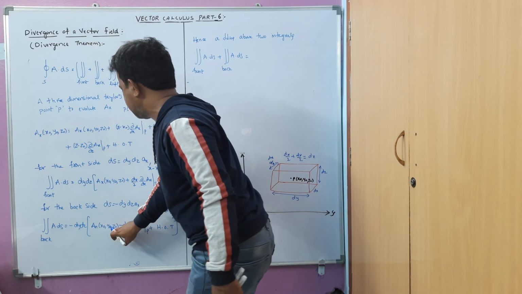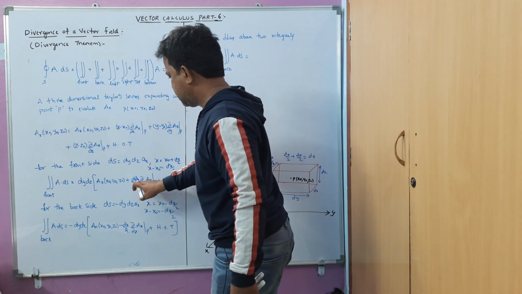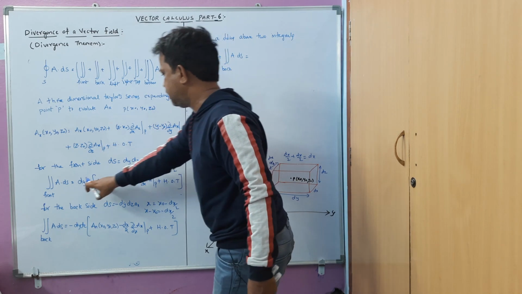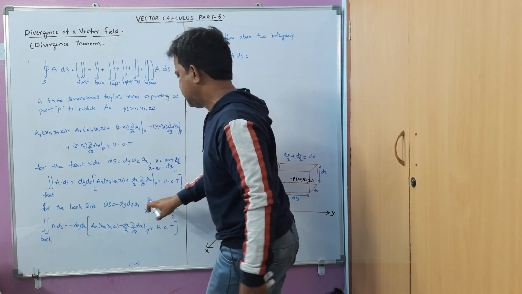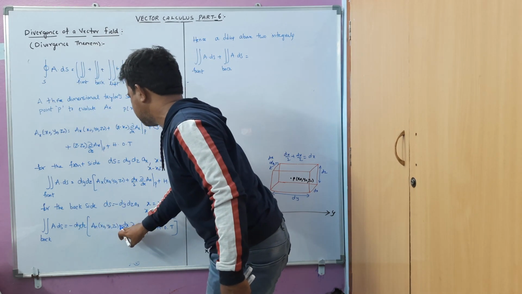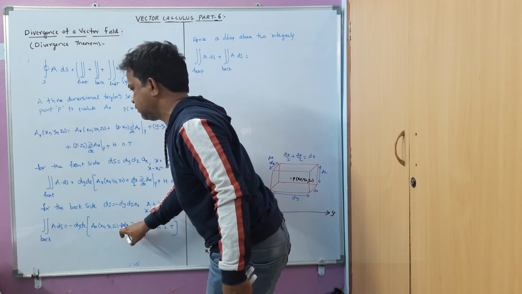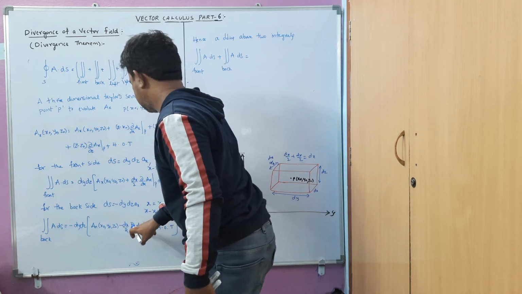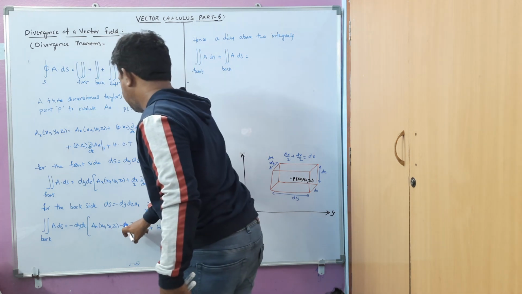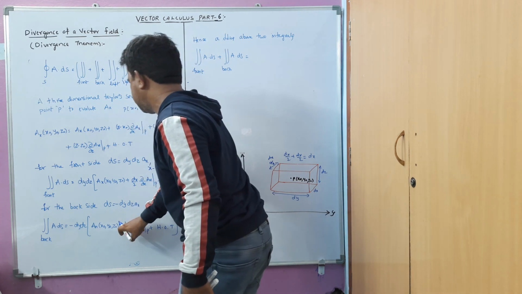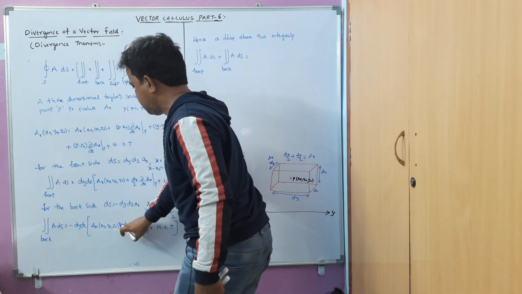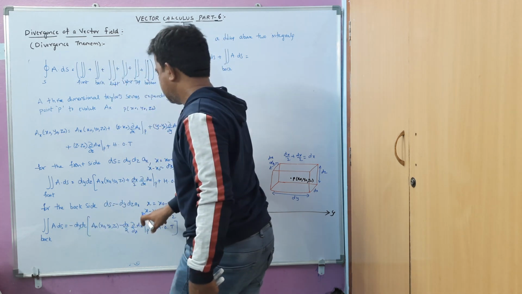These two will get cancelled here, and next you can take dx by 2 dou Ax by dou x into dx dy dz. Similarly, next we are having plus dou x of Ax. So this dx plus dx will get here, as minus into minus will give plus.